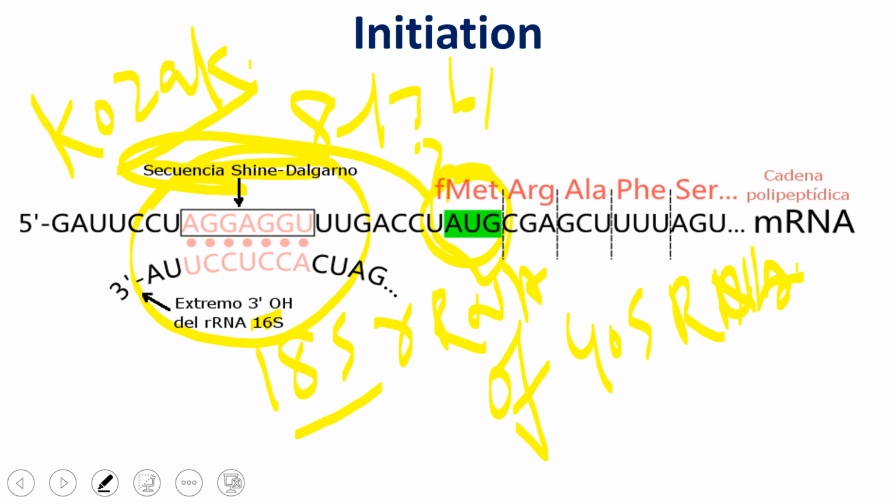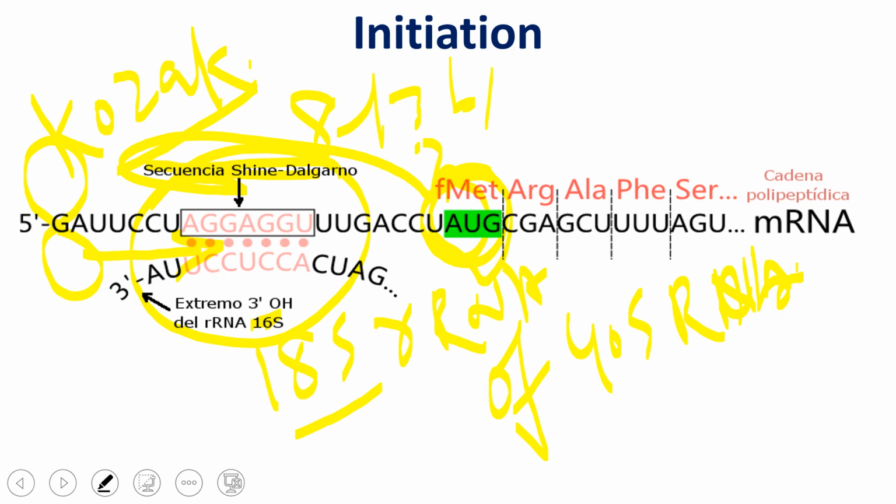In eukaryotic cells, this is not the case. In eukaryotic cells, ribosomes bind at the first nucleotides of the messenger RNA, and then scan, and wherever they encounter the first AUG, they will stop. That first encountered AUG will be the initiating codon.